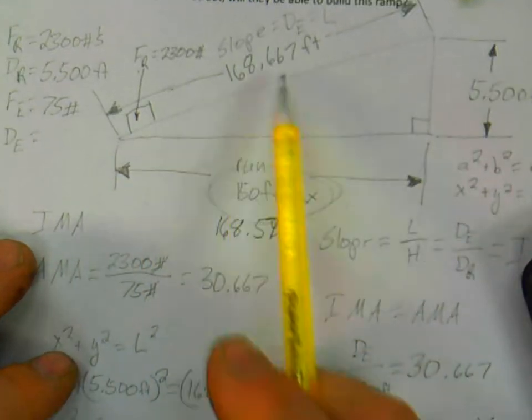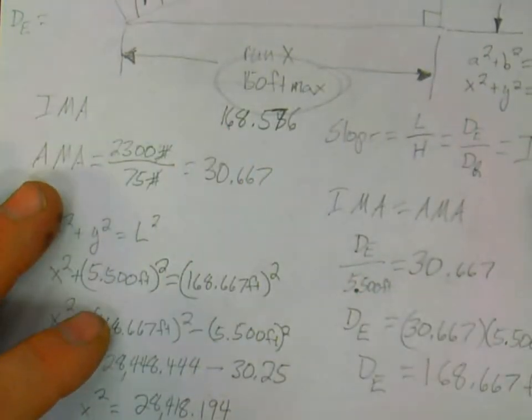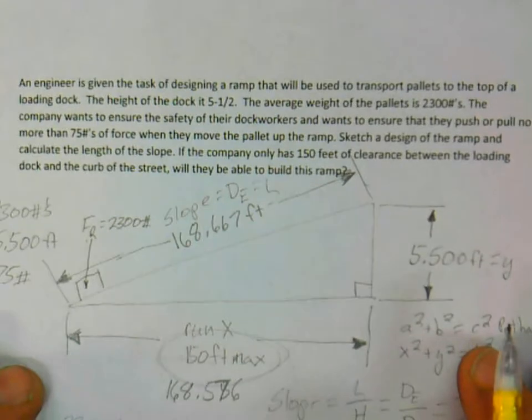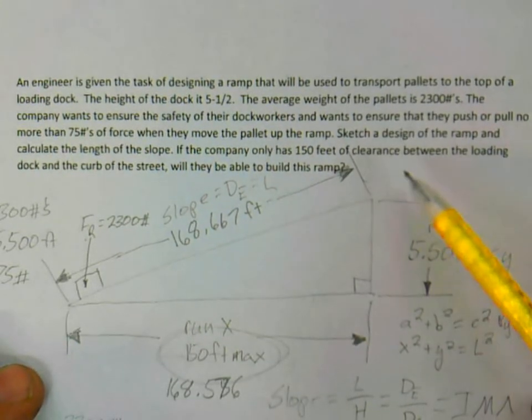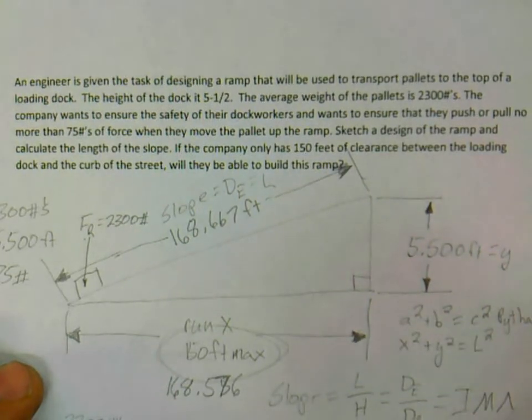In this case, we had the actual mechanical advantage, which we calculated to be 30.667. Then we set that equal to the ideal mechanical advantage using static equilibrium to find that the distance of our effort equaled 168.667 feet.